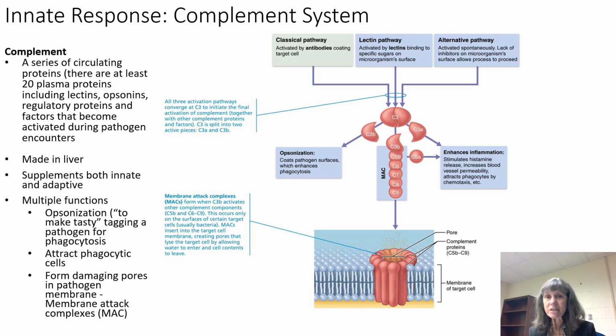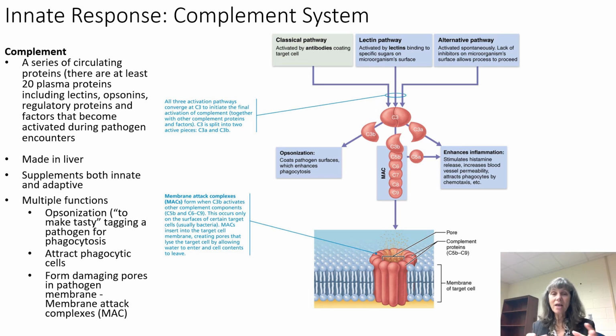And if we look at this picture, we can see that there are 3 different pathways involved in the complement system. The pathway on the upper left, the classical pathway, is actually part of the adaptive immune response because it's activated by antibodies that coat target cells, and we're going to learn more about the adaptive immune response. And then the lectin pathway and alternative pathway are part of the innate immune response.